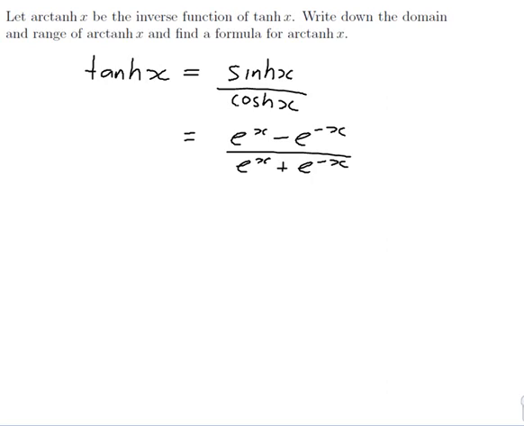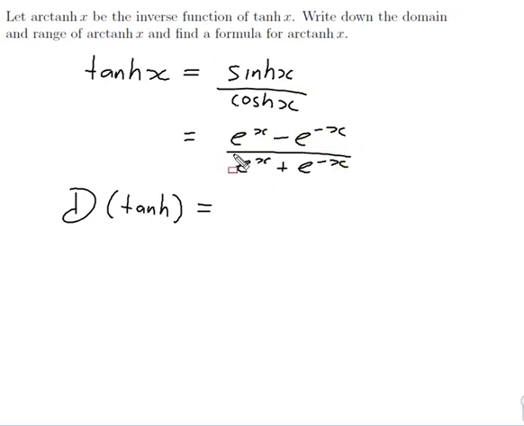Well, the domain of tanh would be the set of all the values of x I'm allowed to put into the function. So the ones where the function is still defined. So let's have a look. Well, I can put whatever I want into e to the x, and whatever I want into e to the minus x, so that's okay.